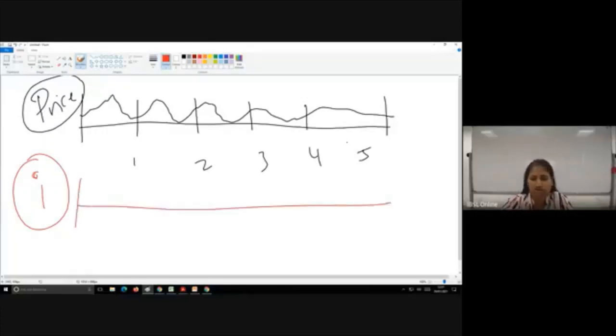Now, throughout these 5 years, if the price is increasing, the inverse is happening in the interest rate. So ideally, interest rate must be going down, then increasing, then going down. Wait, I'm unable to mirror it.